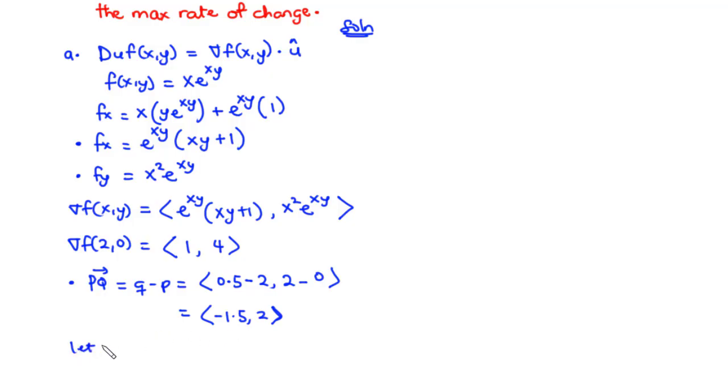So we are going to let the unit vector be u cap. Therefore, we have the unit vector u cap equal to the direction vector divided by its magnitude.